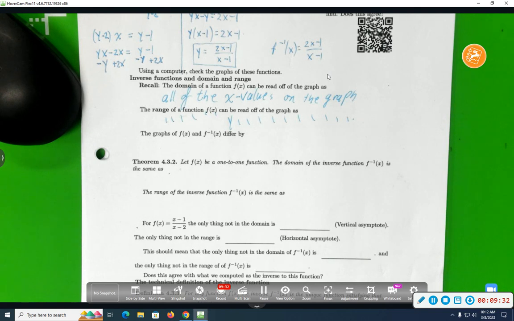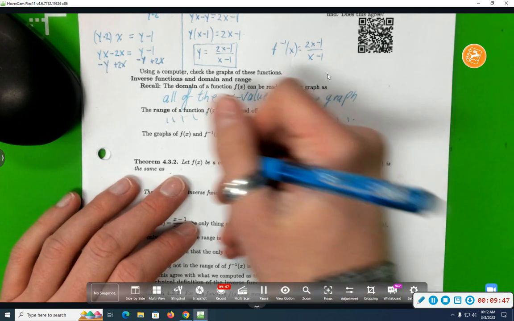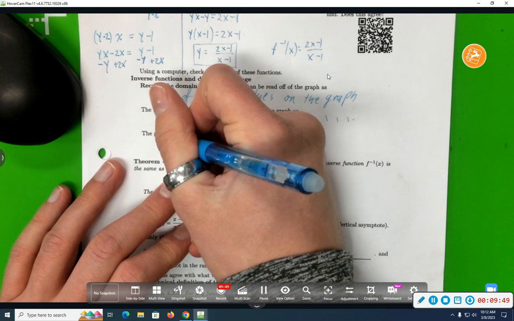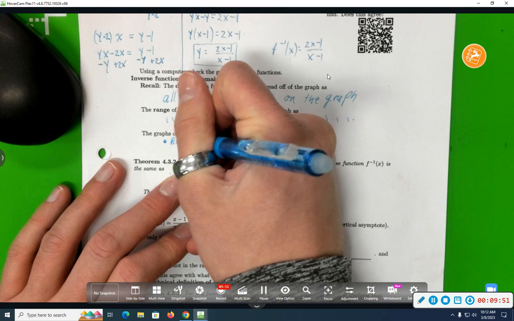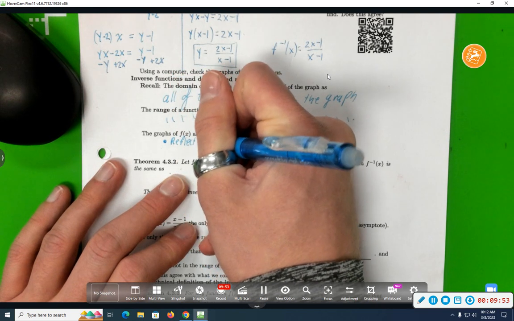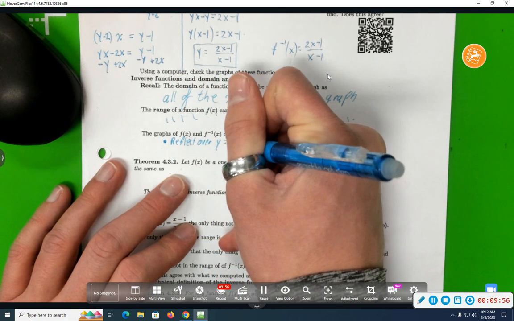And let's think about it in terms of this. How does the graph of the inverse function compare with the graph of the original function? Reflected over y equals x. There are two different ways of saying this. Reflect over y equals x.